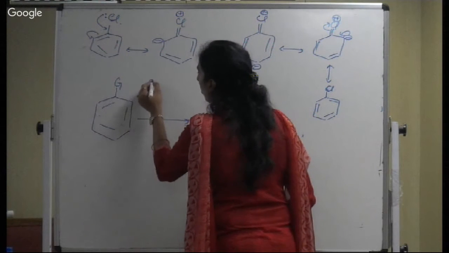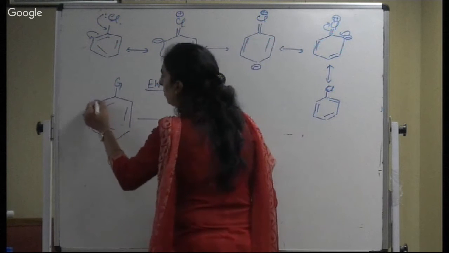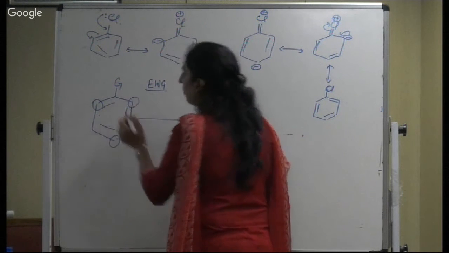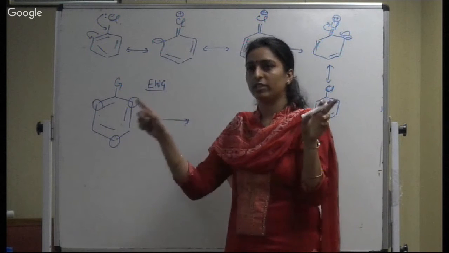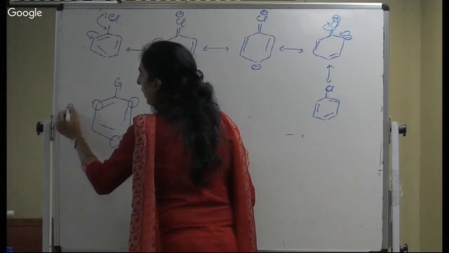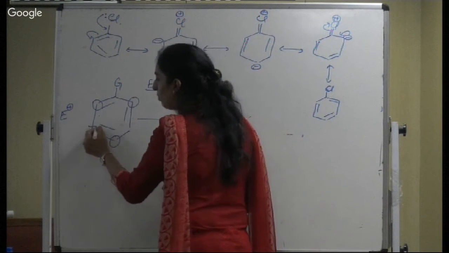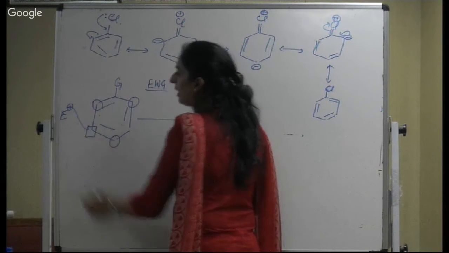Suppose it is an electron withdrawing group. So it will withdraw the density from ortho and para positions, so it will make these sites electron deficient. That means whenever the electrophile would like to come, it will see more electron density at which position? At the meta position only. So it will come and reside at meta.